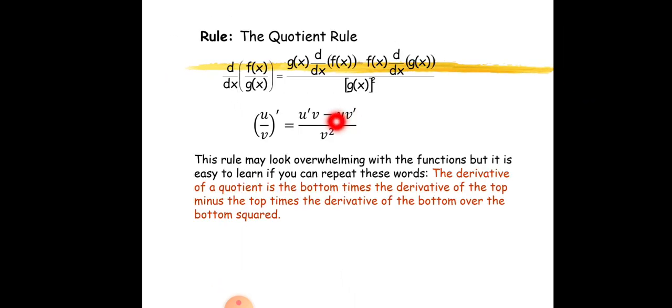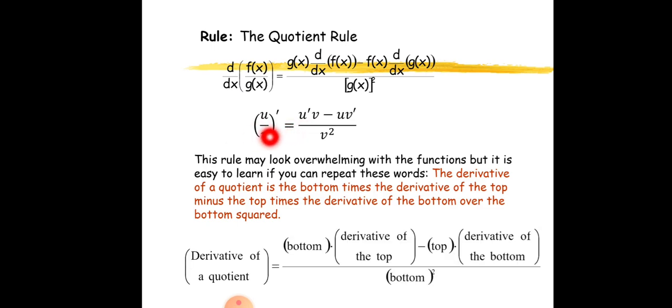So this is the quotient rule. If you have a quotient u over v and we want to find its derivative, you have to use this rule. V squared below, and above you have u prime v minus u v prime.